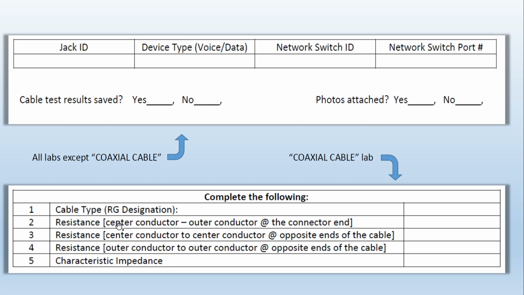And over here, I'm going to explain that as we go along. This is the bottom of the coaxial cable lab. Cable RG designation. Is it RG6? Is it RG11? Is it RG59? Is it RG58? Or so on. So, RG designation, cable type. Put it here. You will know exactly what we're working with. Then resistance.